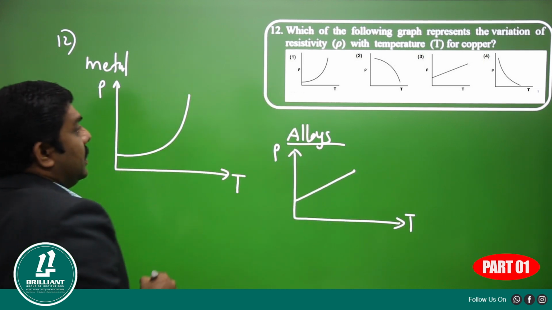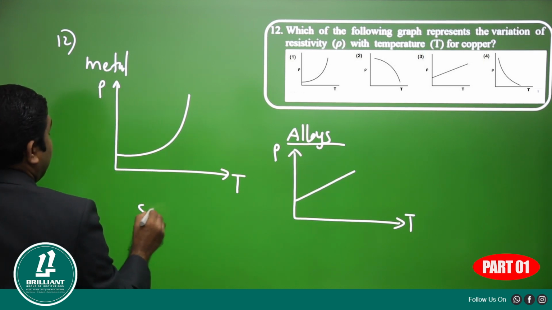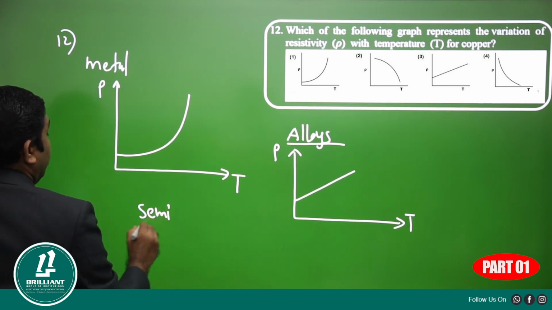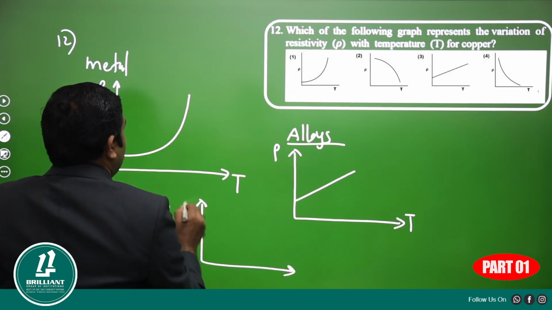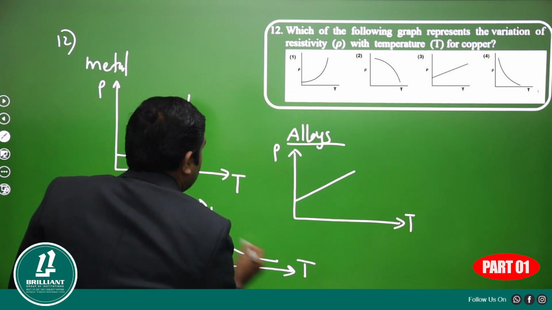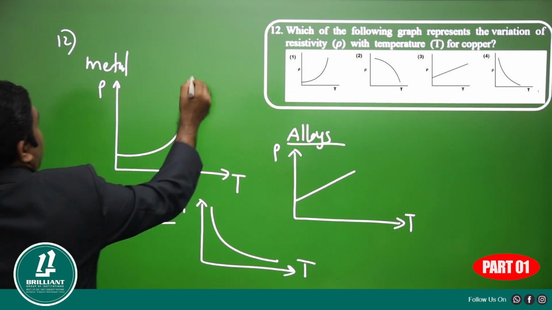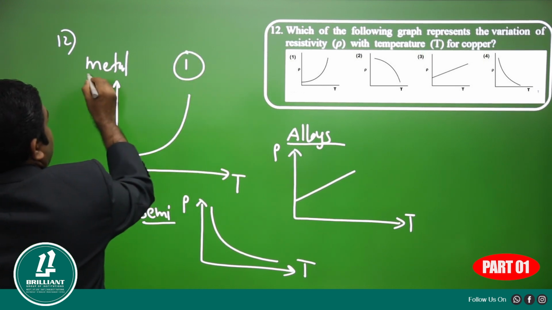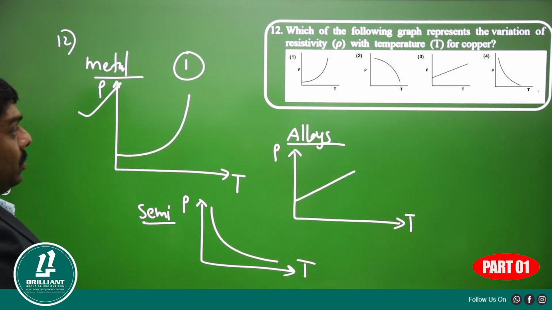And for semiconductors, the variation of resistivity with temperature is inversely proportional, like this. So here copper is a metal, so the right answer is option 1. As copper is a metal, this rho-T graph is valid.